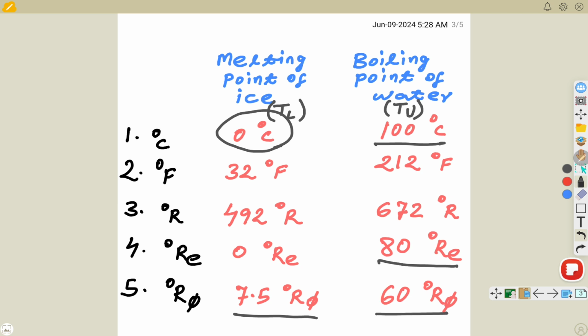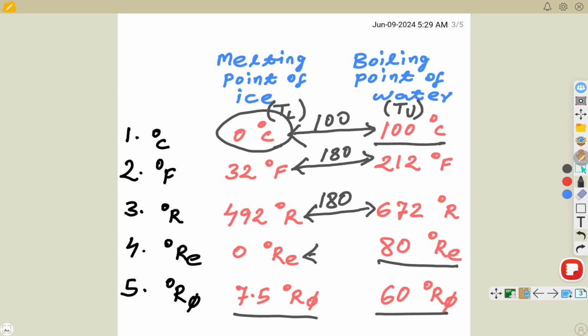Why are these values important? Because we have to find out the difference between this upper limit and lower limit. Here it is 100, here it is 180. Here in case of Rankine scale, it is also 180.